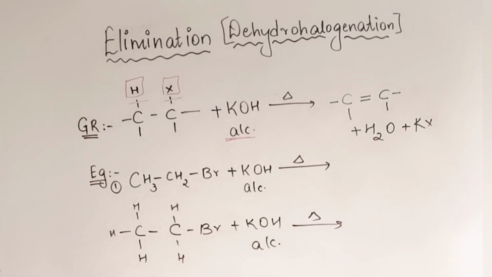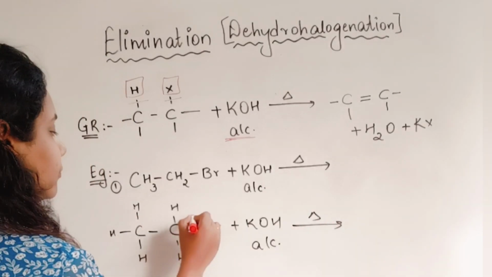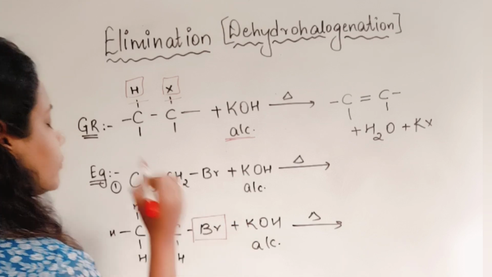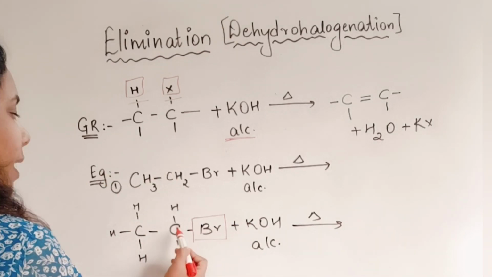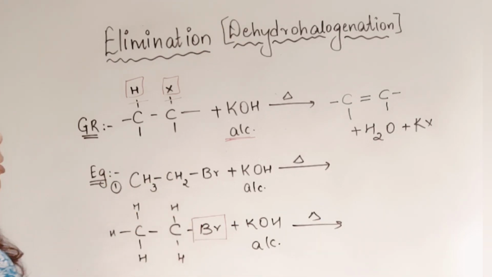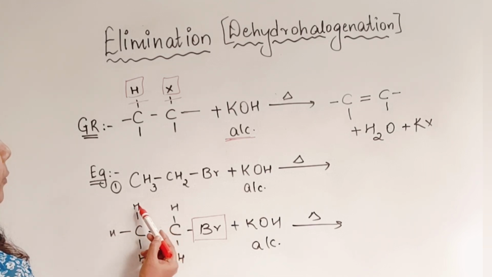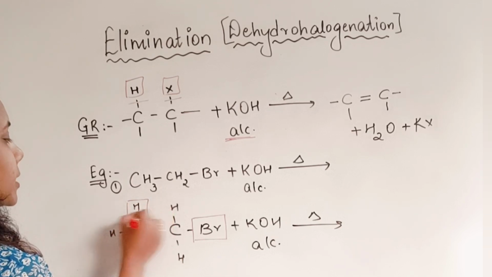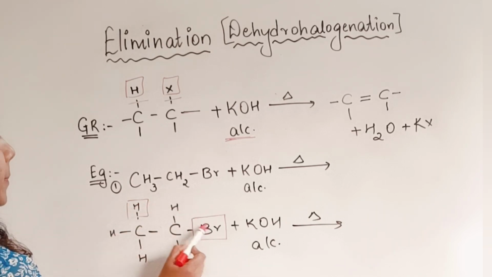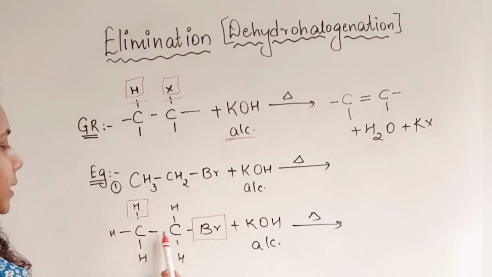Now how are you going to carry out the reaction? Firstly, you remove the halogen from one carbon and then the hydrogen from the adjacent carbon. So you can remove either this hydrogen, this or this. Let us remove this hydrogen. So H and Br have been lost. So definitely between these two carbons there will be a double bond.